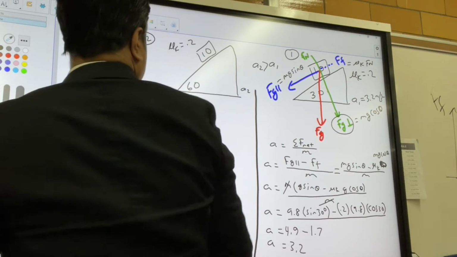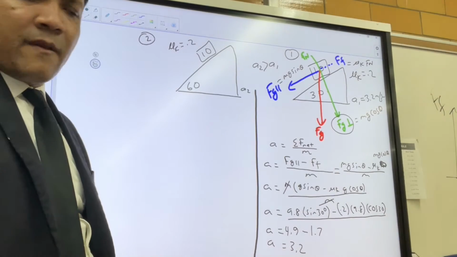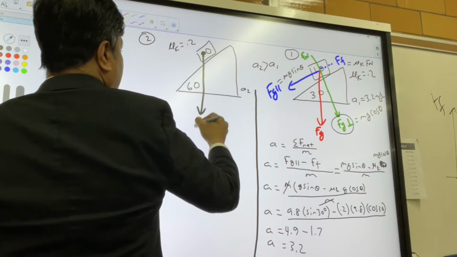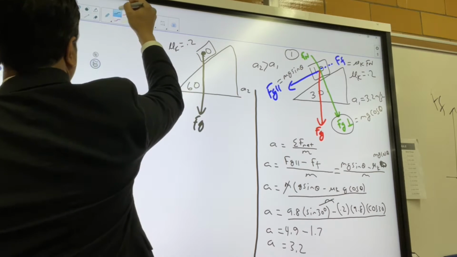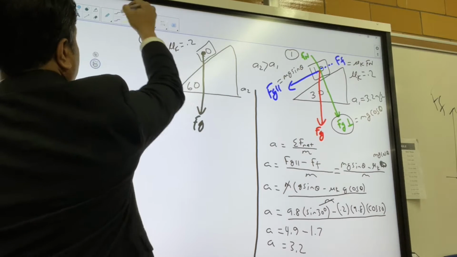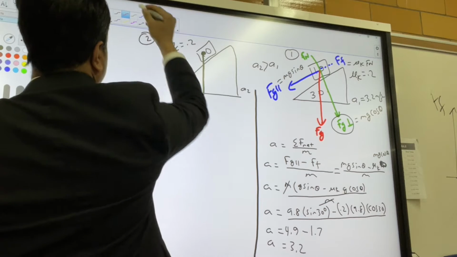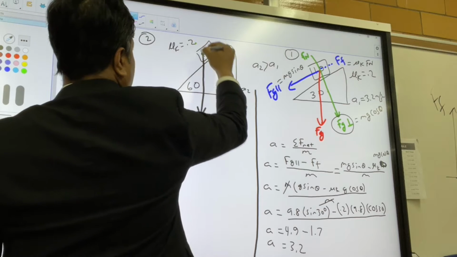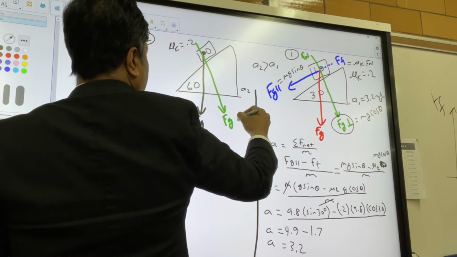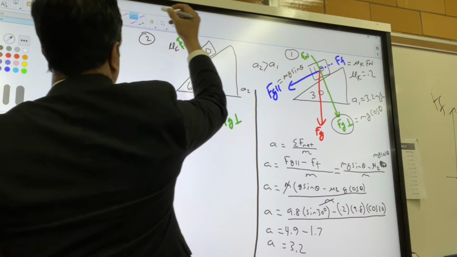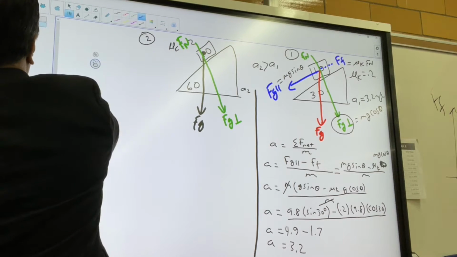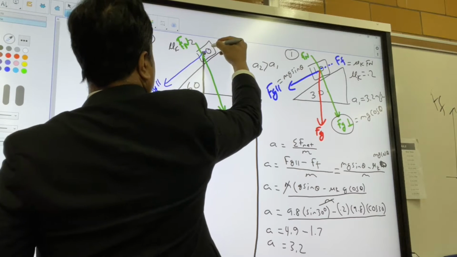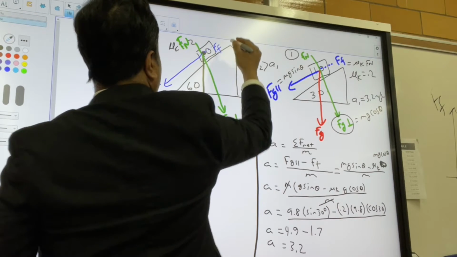Now we're going to find acceleration 2. This one I'm going to do differently. This is what we call FG. FG has two components, as you saw over there. So two components: one is FG perpendicular, which is Fn. The other one is FG parallel, and FF is opposite to that.